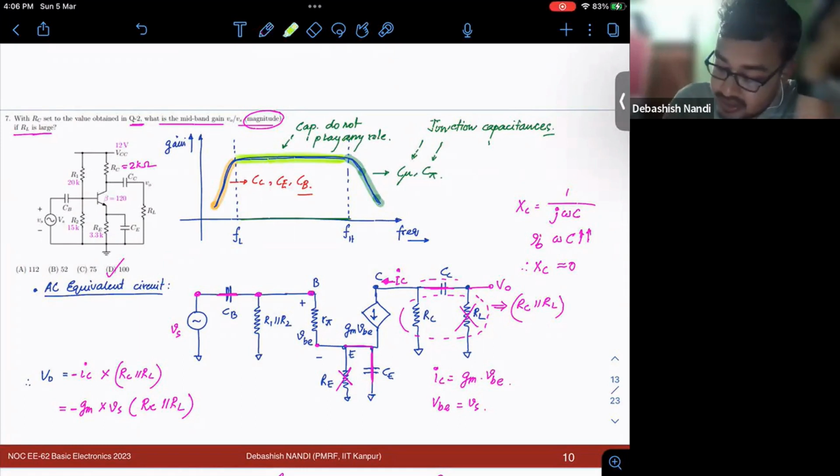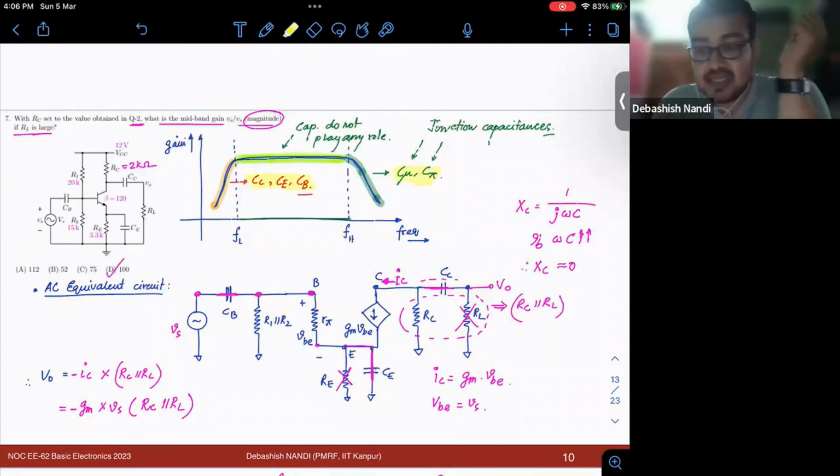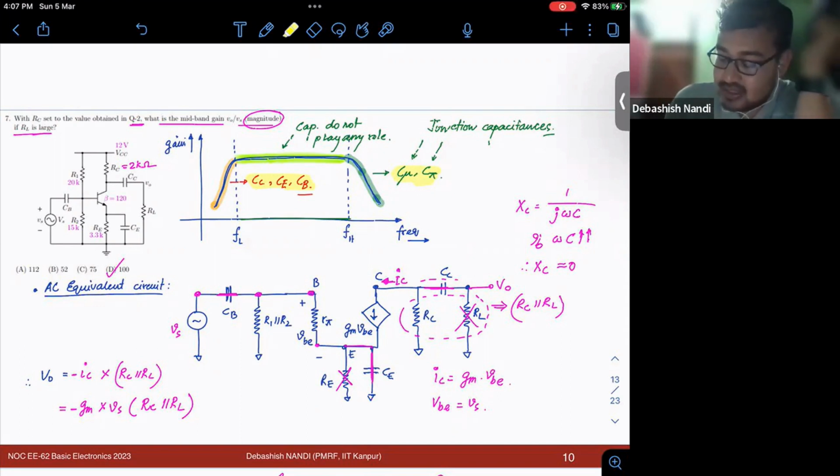I will request you to please go through this part, why this and this are limiting your frequency response and how this comes into play. If time permits, I will discuss this today or probably next week. This is basically due to the device's intrinsic capacitances.